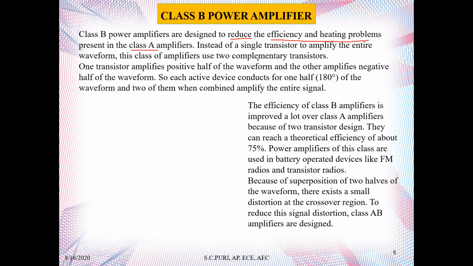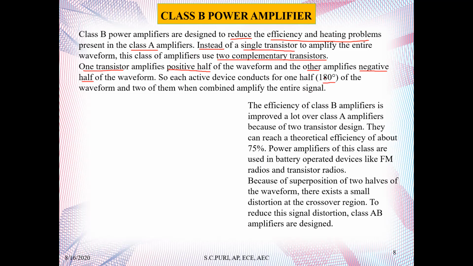So instead of a single transistor to amplify the entire waveform, this class of amplifier uses two complementary transistors. One transistor amplifies the positive half of the waveform and the other amplifies the negative half of the waveform. So each active device conducts for one half, that is 180 degrees.